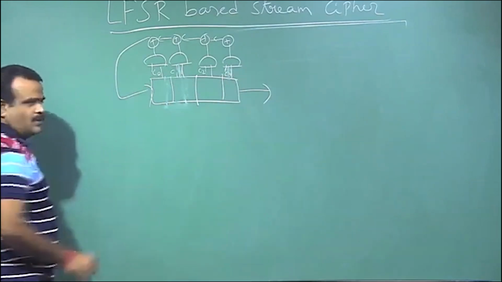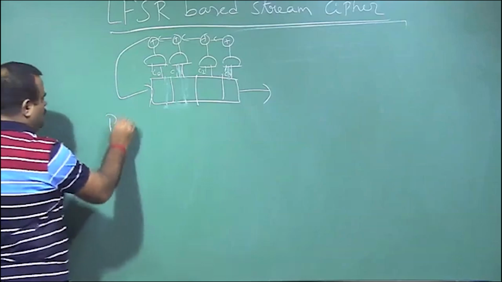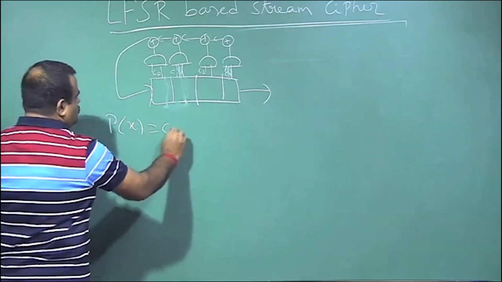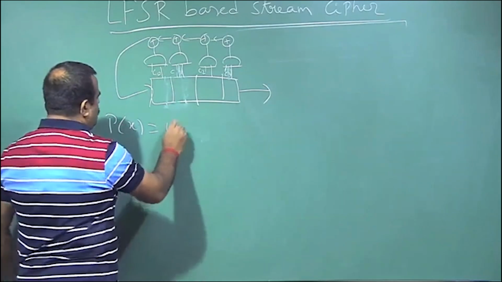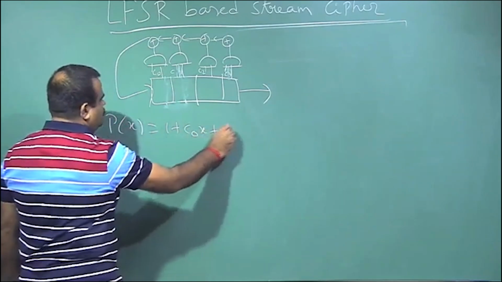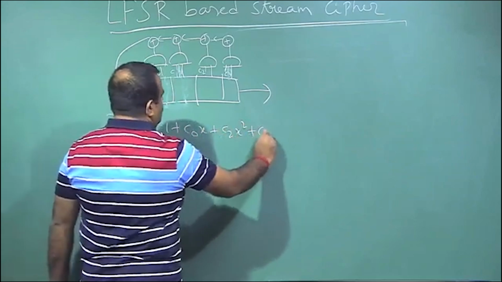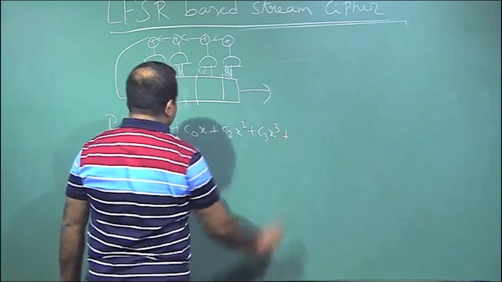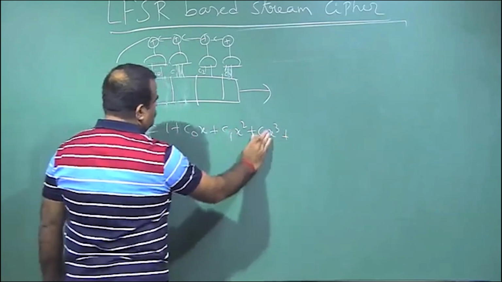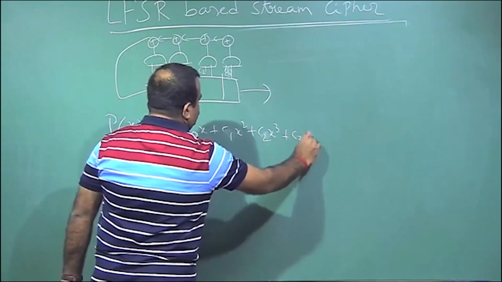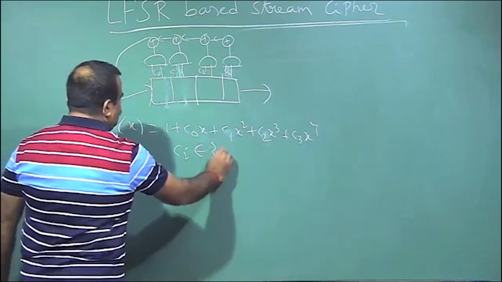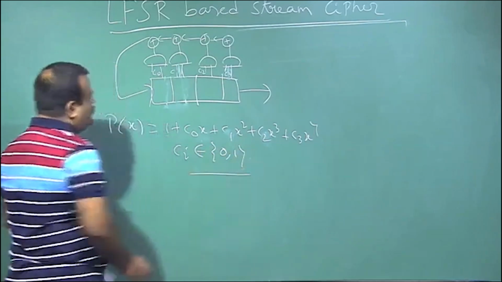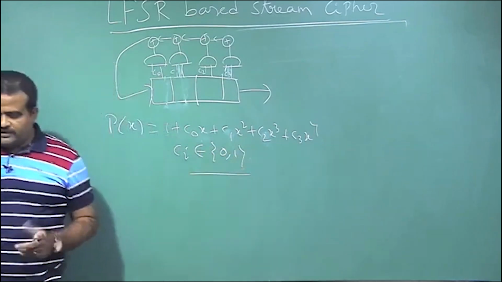So, the corresponding polynomial is basically C0 plus C1x plus C2x square plus C3x cube plus x to the power 4, where C0, C1, C2, C3 are 0 or 1, depending on whether that corresponding bit is participating in the feedback or not.